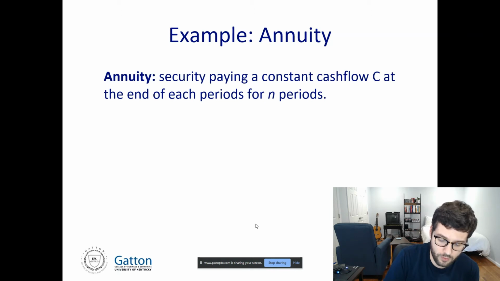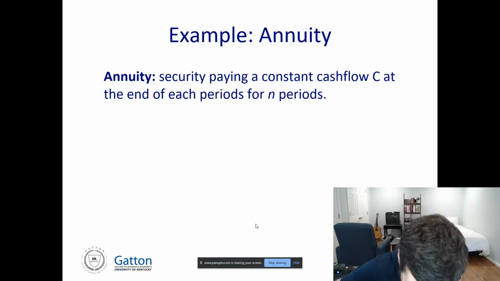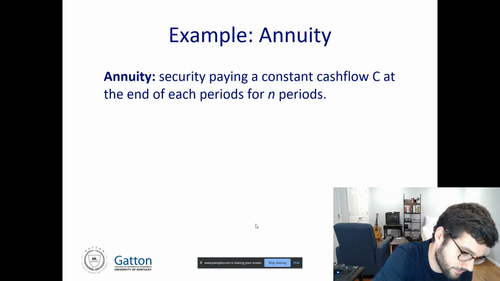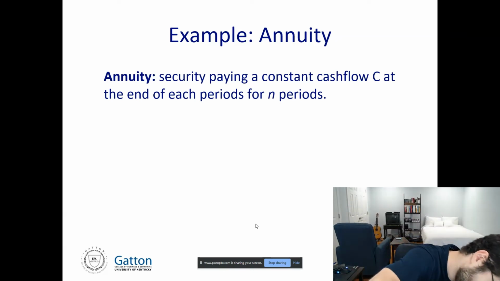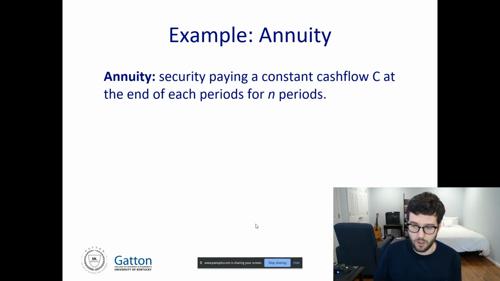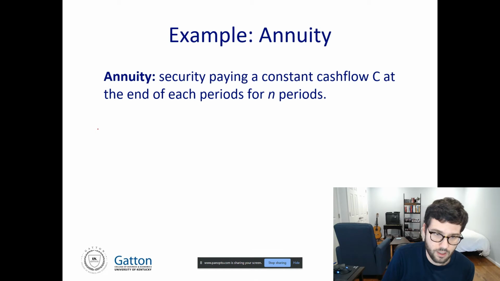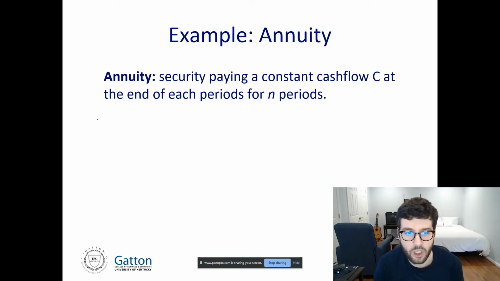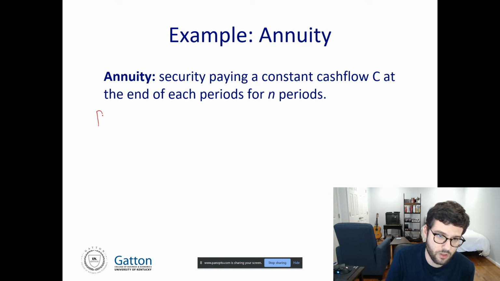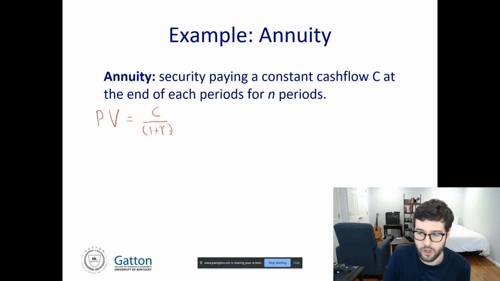So if we apply the formula that we got for the present value, we can write the present value of the annuity as C over 1 plus R, where R is the discount rate, plus C, which is the second payment.